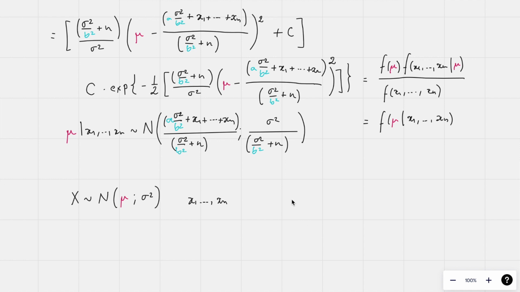This is something that is written sometimes between these brackets. Mu hat stands for the estimator of mu. This is a notation that comes from physics. So when you have something like this, it would say that this is x1 plus all the terms till xn divided by n. That would be the naive estimator.